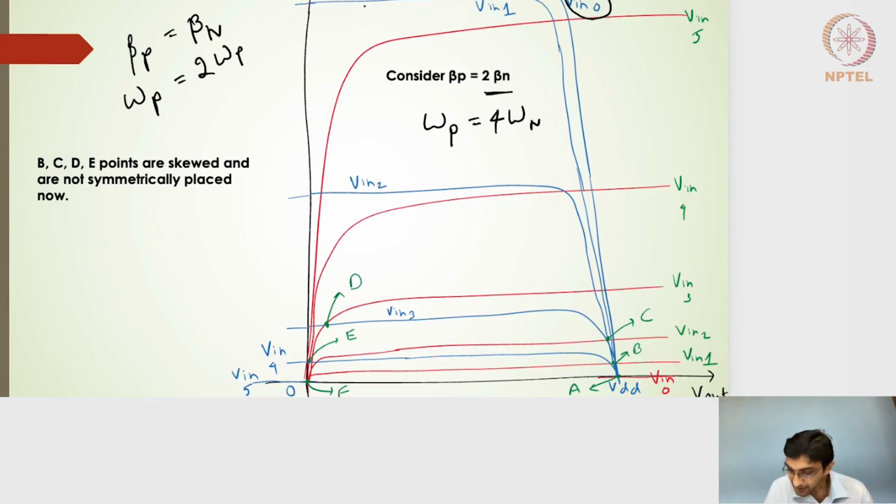So in that particular case, I'll still be able to get the intersection points A, B, C, D, E, F, right? It is still the same in a graphical analysis.